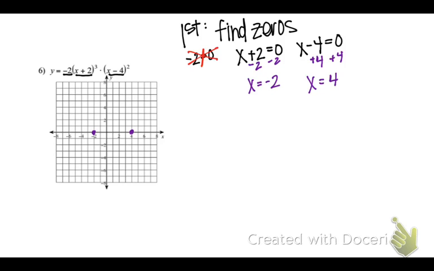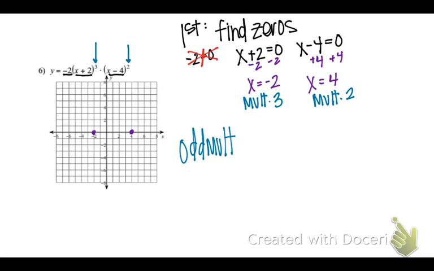Okay. Now I need to look at the multiplicities. So I need to look at these exponent powers. This has an exponent of 3. This one has an exponent of 2. So this has a multiplicity of 3, and this one has a multiplicity of 2. Now remember, if it has an odd multiplicity, that means it crosses.